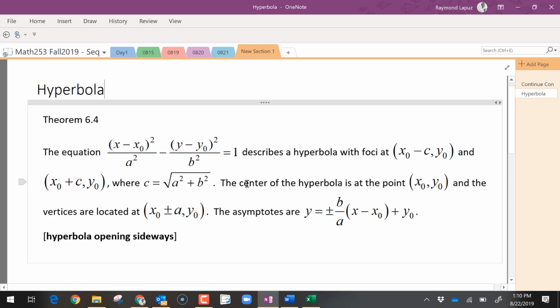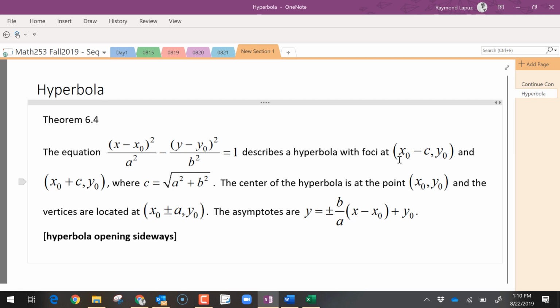So this equation with a minus sign in between describes a hyperbola. And a hyperbola also has focus points, foci, and the foci are going to be along the major axis, in this case, along the x-axis. So x minus c and x plus c would be the foci.